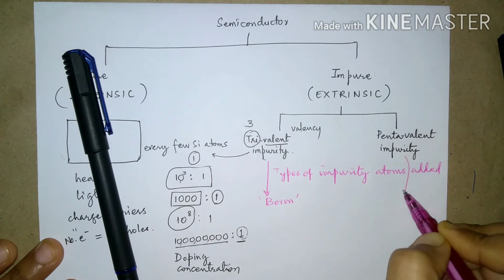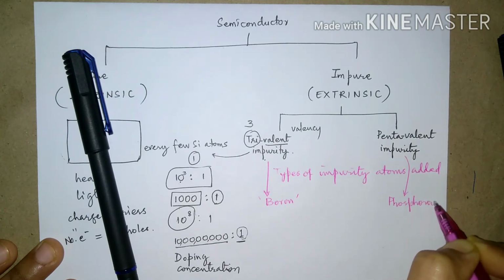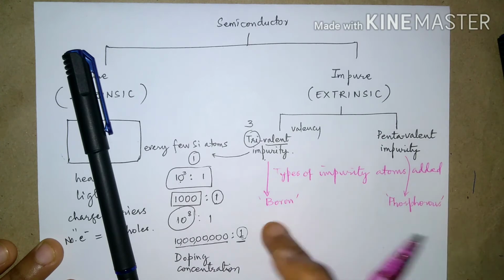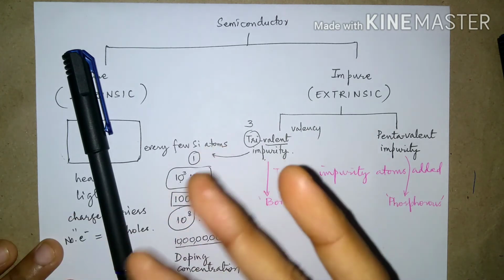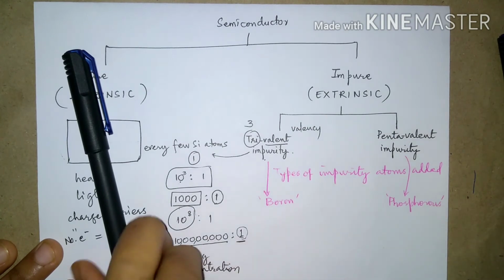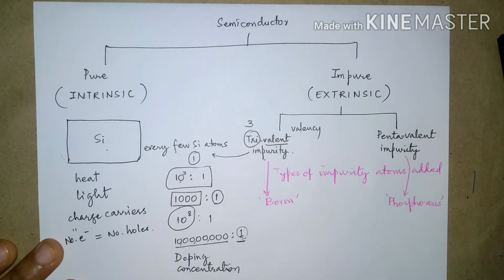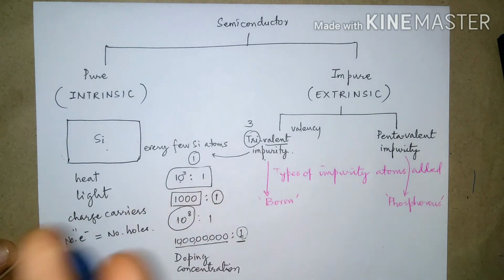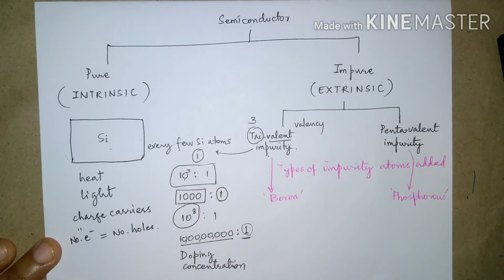And if this is phosphorus, I am just giving you one example. I want you to find out many examples which are given in the module 3 book, module 4 book. So try to find out how many types of impurities are added and why they add those impurities, especially because without application it doesn't make sense why they are adding this boron or this phosphorus.